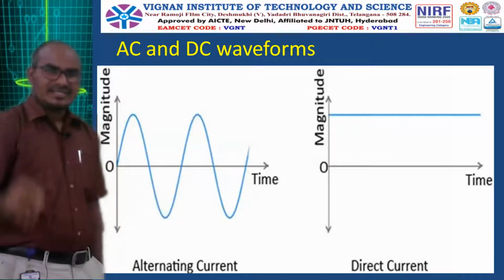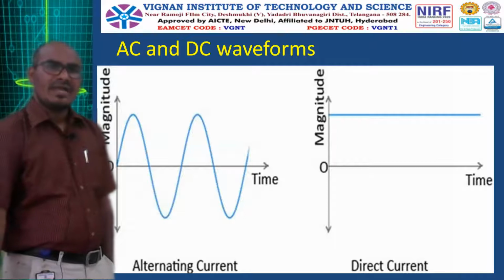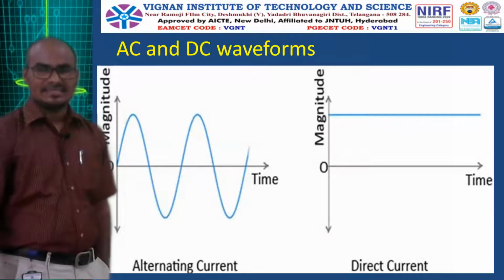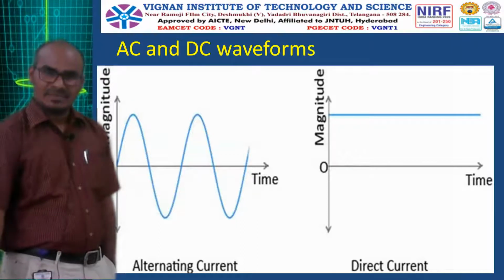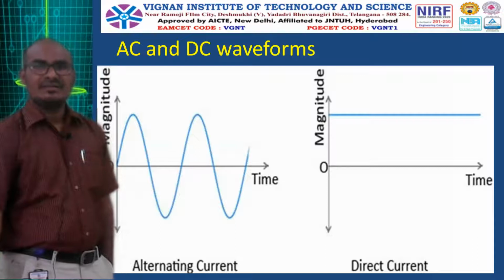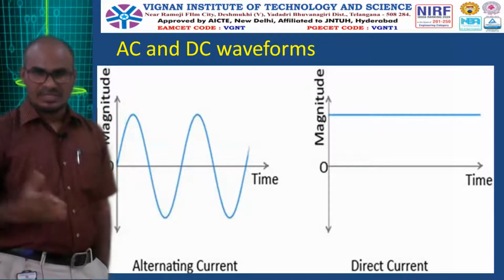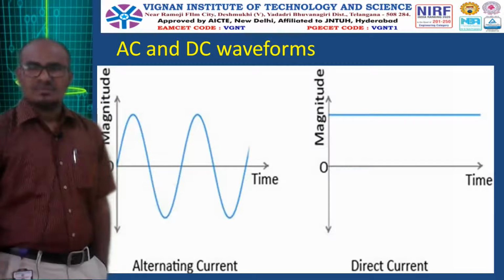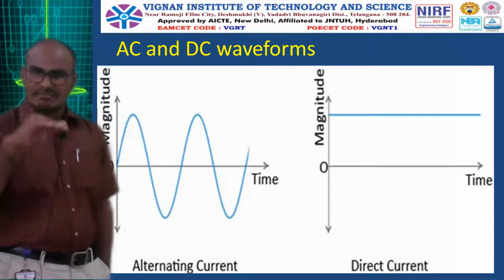In this graph, time is taken on the positive x-axis, and on the positive y-axis the magnitude of the voltage or current is taken. So current or voltage varies with respect to time. When it varies with respect to time, that is called alternating. Coming to the other graph, on the positive x-axis time is taken, and on the positive y-axis magnitude is taken.